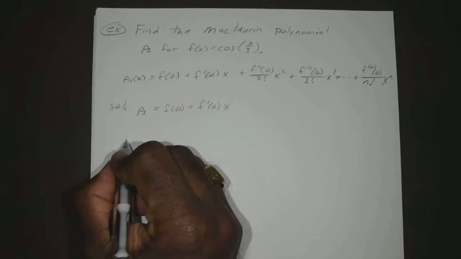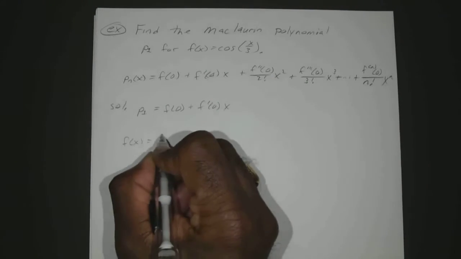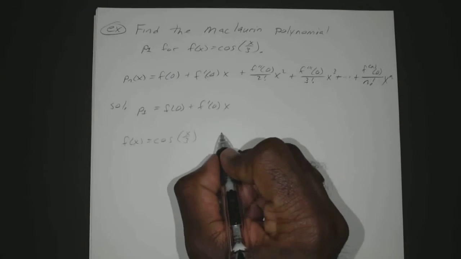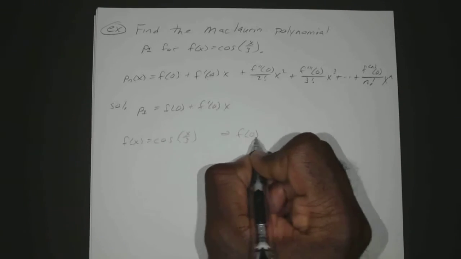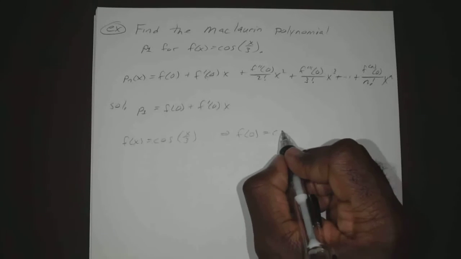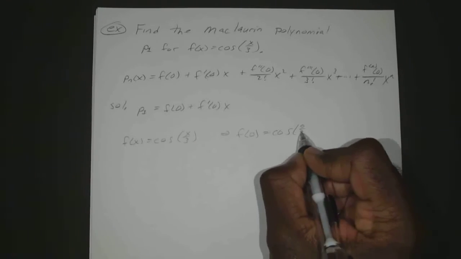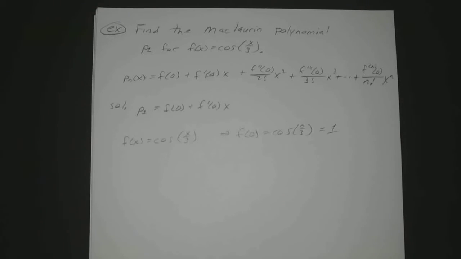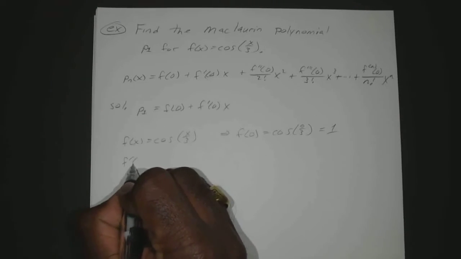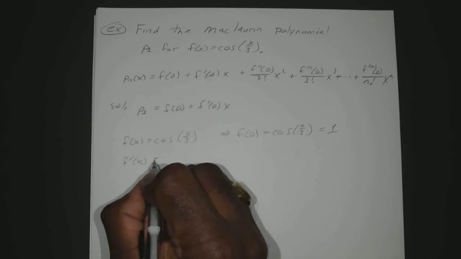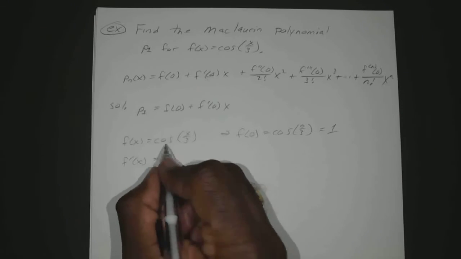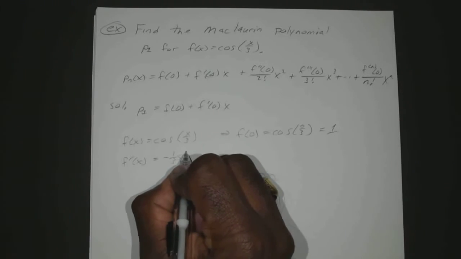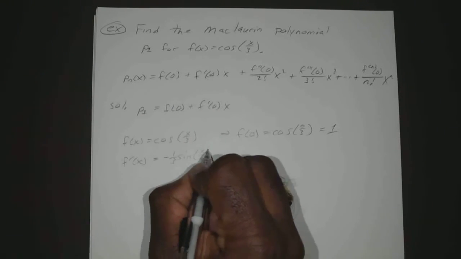Okay, so we know our f of x is equal to cosine of x over 3, which means our f of 0 is equal to cosine of 0 over 3, which is 1. Our f prime of x is equal to negative 1/3 sine of x over 3.